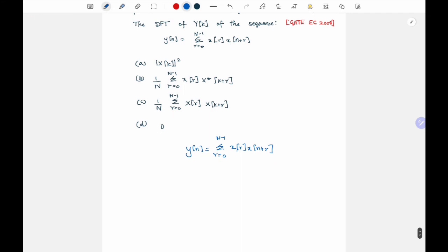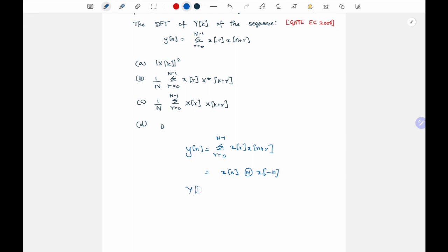If you notice, this is nothing but similar to x of n convolved with x of, we can call it circular convolution also because it is anyway periodic, convolved with x of minus n. Because in the normal convolution, it will be x of n minus r, but here it is x of n plus r, meaning you are convolving it with minus n.